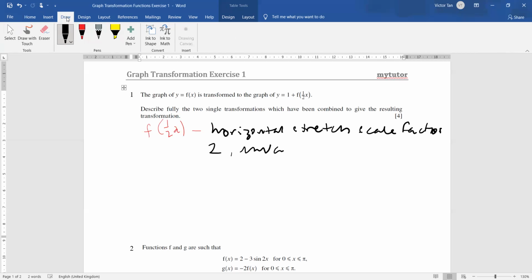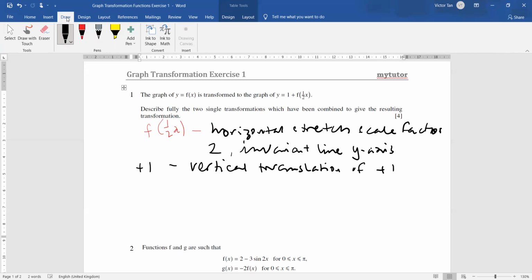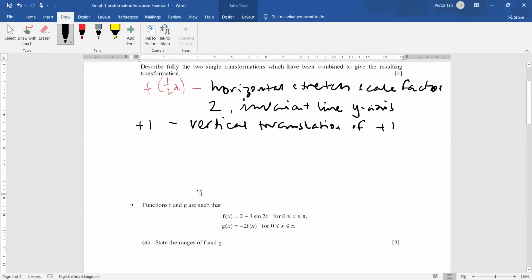And the invariant line, for a horizontal stretch, is always the y-axis. Now the plus one would be a vertical translation of plus one. That's the answer.